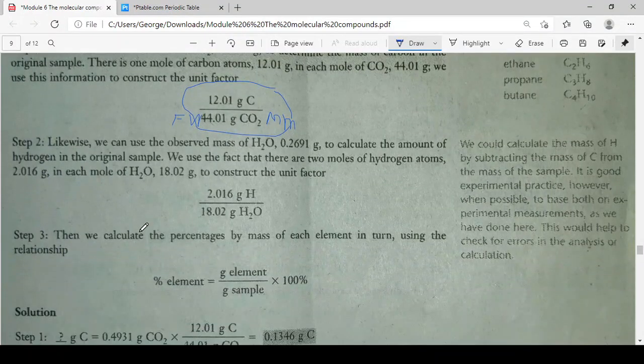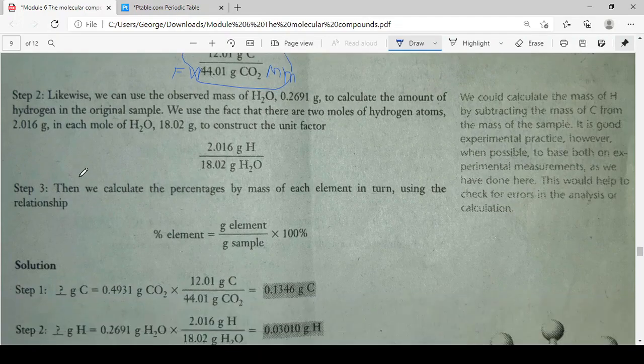Next, step 2. Likewise, we can use the observed mass of water, 0.2691 grams, to calculate the amount of hydrogen in the original sample. So we use the fact that there are 2 moles of hydrogen atoms, 2.016 grams, in each mole of H2O, 18.02 grams, to construct the unit factor.